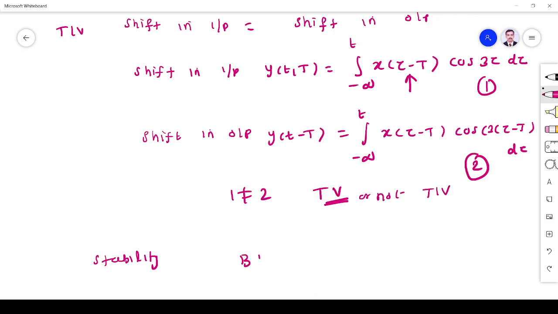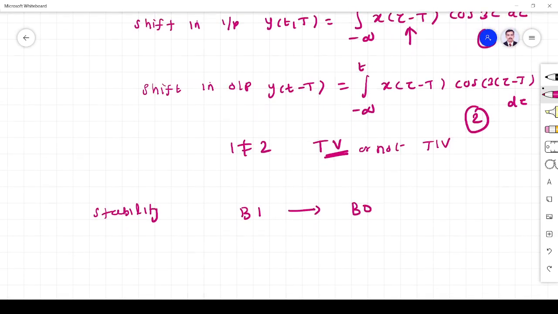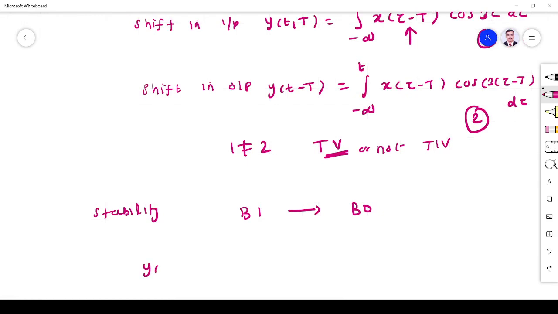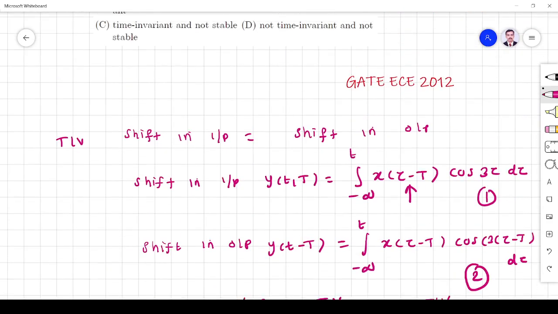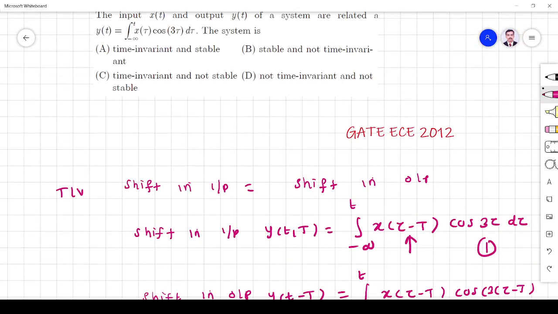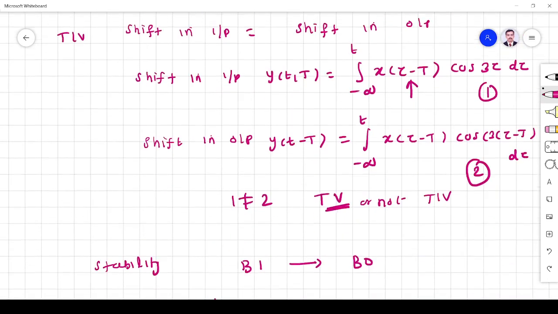Stability means bounded input should produce bounded output. What they have given is y of t equal to the integral from minus infinity to t of x of tau cos 3 tau d tau.